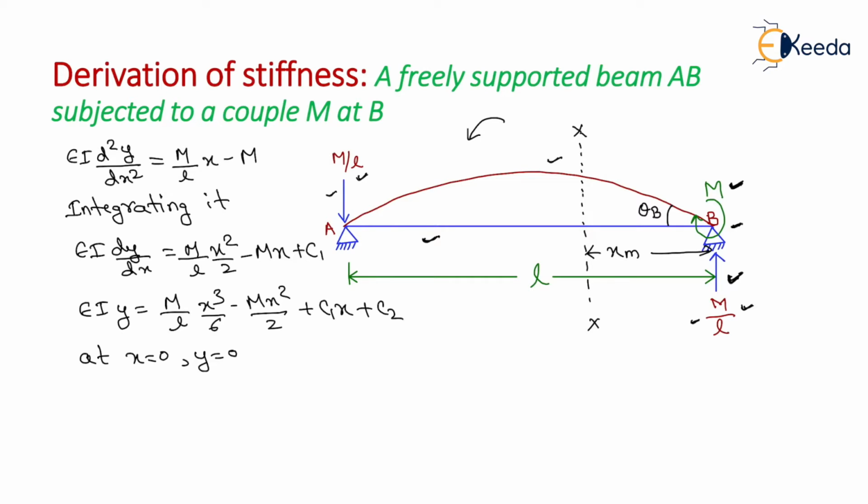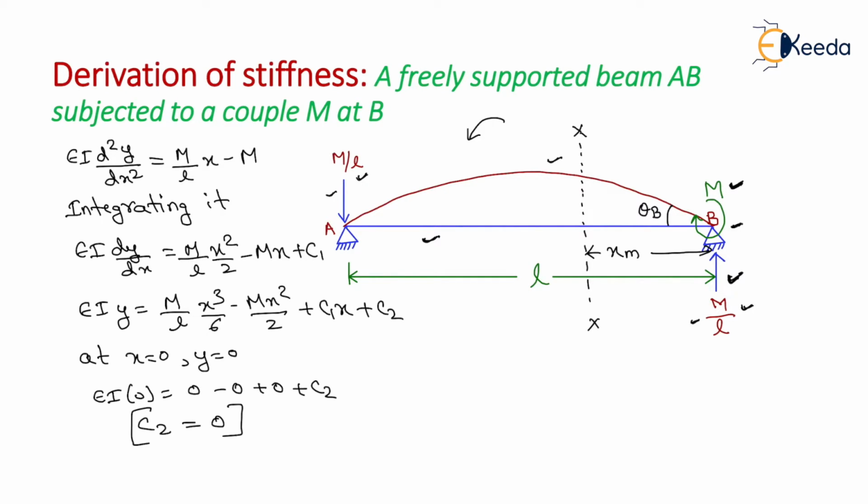On putting this condition in the equation of EIy, we will get EI into 0 equals 0 minus 0 plus 0 plus C2. So C2 is equal to 0. Now we have found the value of C2 as 0.